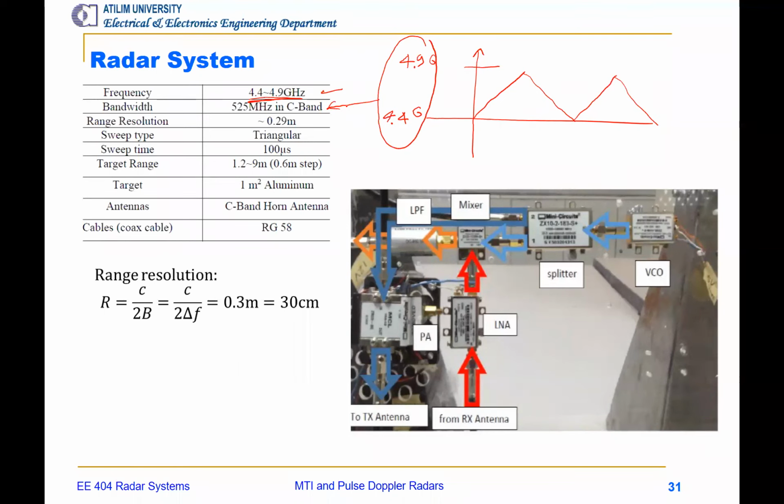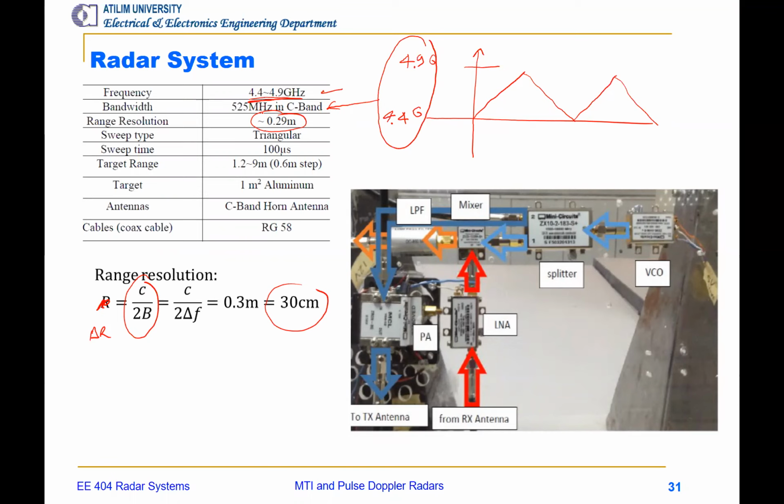This is a C-band radar system, by the way, and by using the range resolution, this is not R, by the way, let's say delta R, it's going to be c over 2B, which is about 30 centimeters. So two targets spaced by 30 centimeters can be discriminated by this radar.